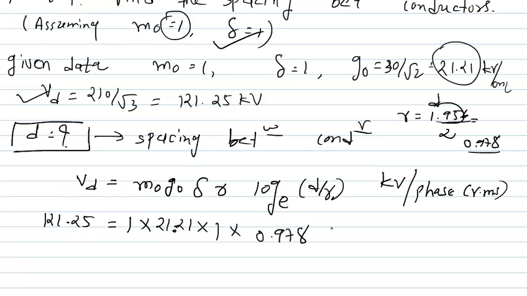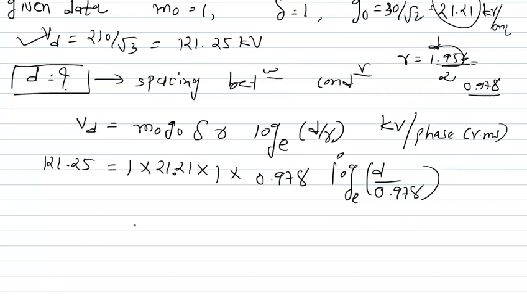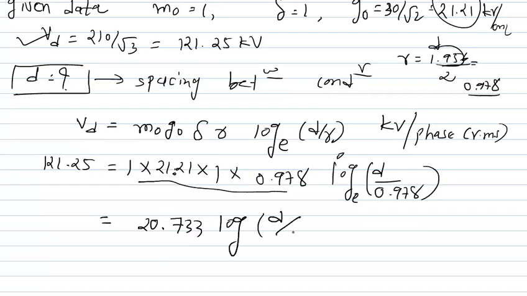Then log D, the spacing is not given and the R is given 0.978. Now we need to calculate this D. So the multiplication of this, that answer is 20.733 log D by 0.978, and here 121.25.